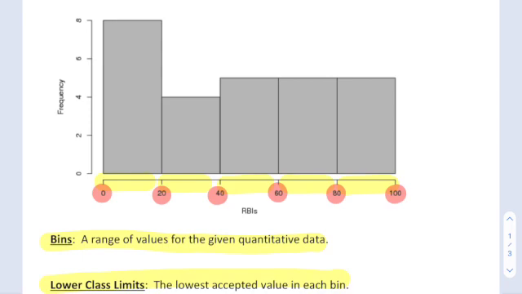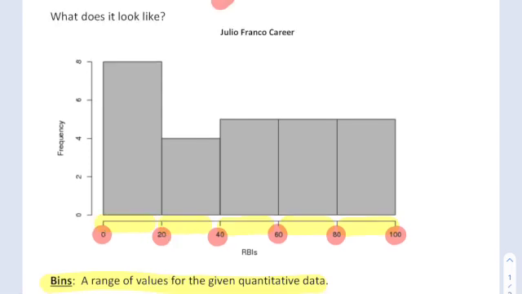So this first bin starts at 0 and then cuts off just before 20, which would mean 19. So this represents 0 to 19 RBIs in a season. This next bin starts at 20 and cuts off just before 40, so 20 to 39. Now this pattern will continue for the other 3 bars, and now we have an idea of what range of values go with each bin.